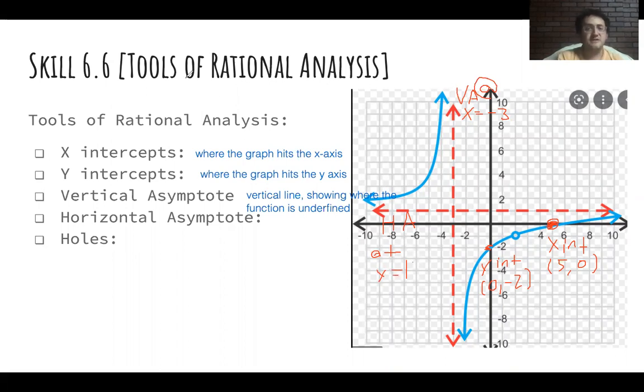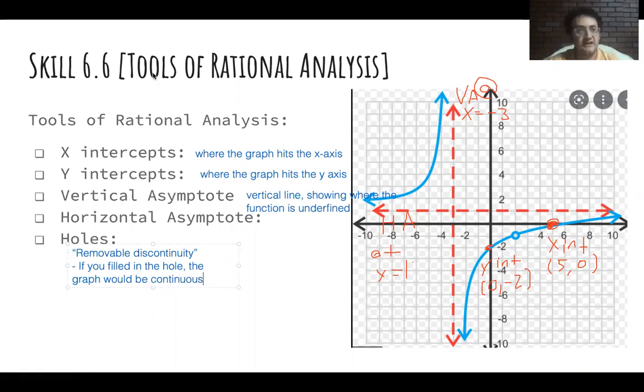And then the hole is what we call a removable discontinuity. Continuity just simply means, can you draw the graph without picking up your pen? With the asymptotes, there are skips in the graph, but a hole, if you filled in the hole, the graph would be continuous.